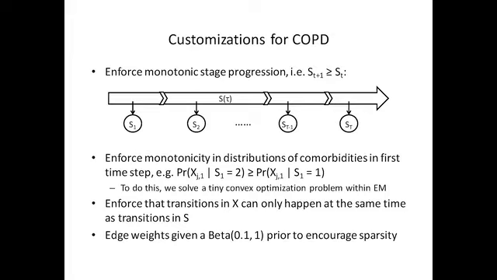There's just one or two other extensions I want to mention. The first one is one more customization we made for COPD, which is that we enforced monotonic stage progression.